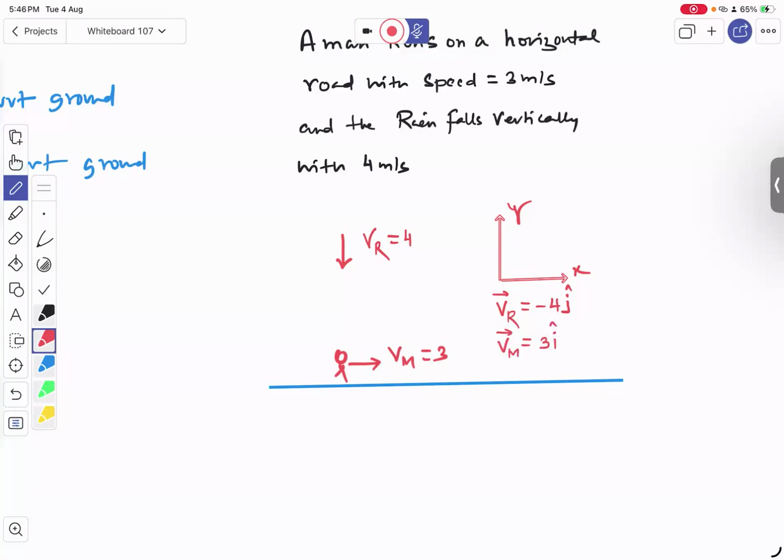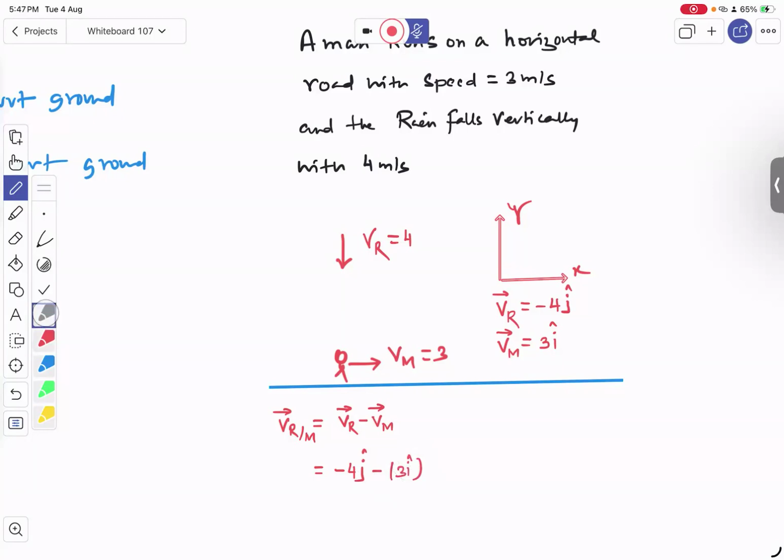So if I ask you to find the velocity of the rain with respect to the man, that is going to be the velocity of the rain minus the velocity of the man. The velocity of the rain is minus 4 j cap, and the velocity of the man is 3 i cap.